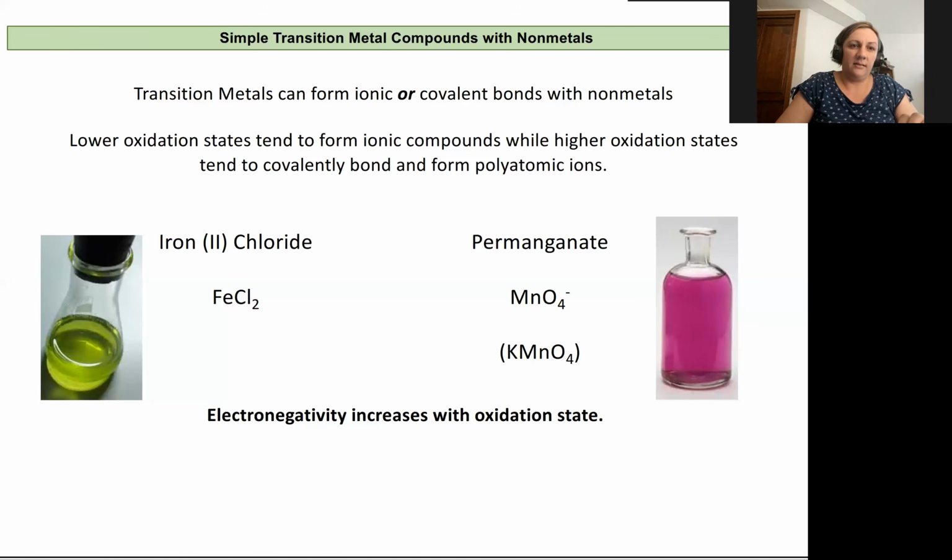In general, your big takeaway from this, I think, is that typically our lower oxidation state transition metals, so things with a lower charge, like +1 or +2, are going to form ionic compounds. And our higher oxidation state transition metals that are in the +5s, +6s, +7s are more likely to form a covalent bond with a nonmetal and then create a polyatomic ion.